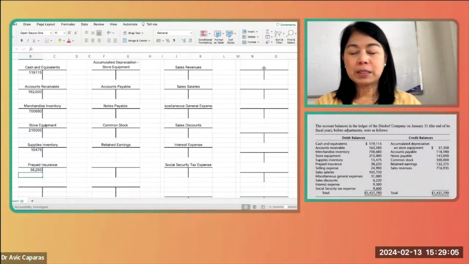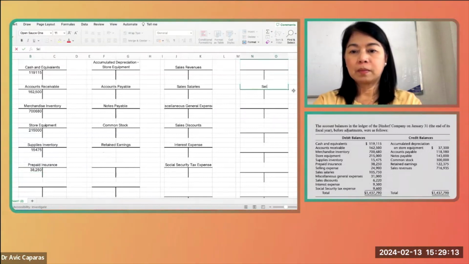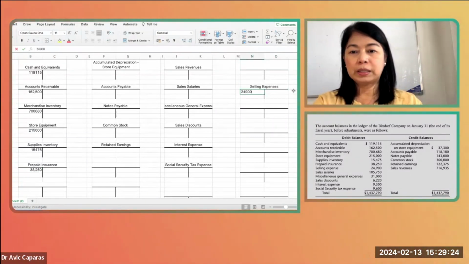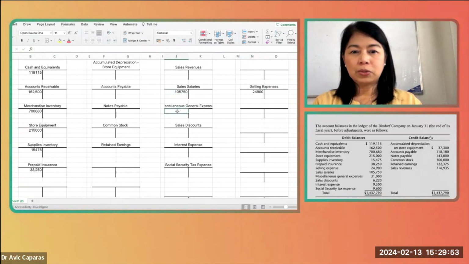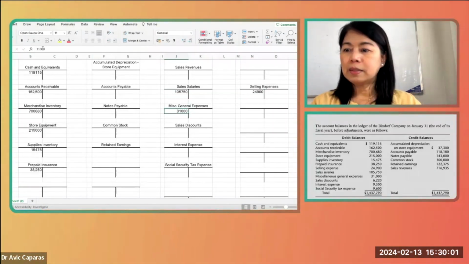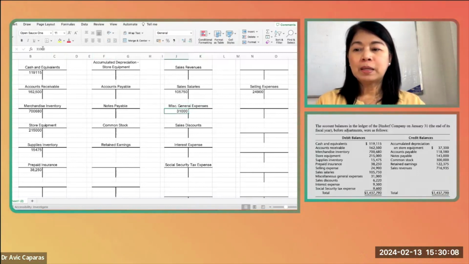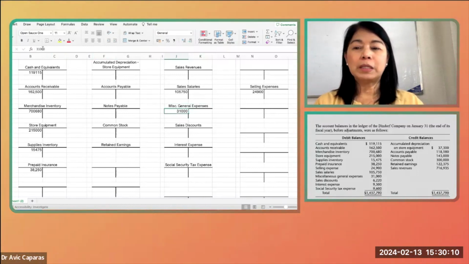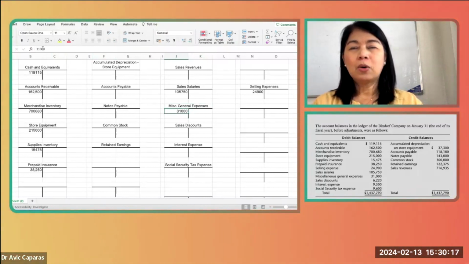Selling expenses. Where did I put my selling expenses? I don't have selling expenses here. I just put it here, for example, 24,900. Sales salaries, miscellaneous, 31,000. Sales discounts, this is deducted from sales. You're offering discounts for your customers, so it's really a selling expense, or more of a deduction to sales.